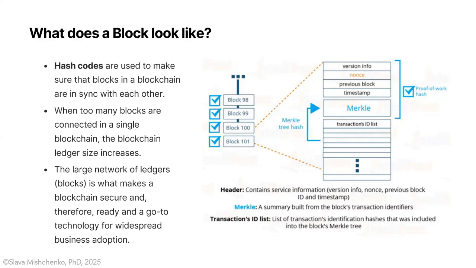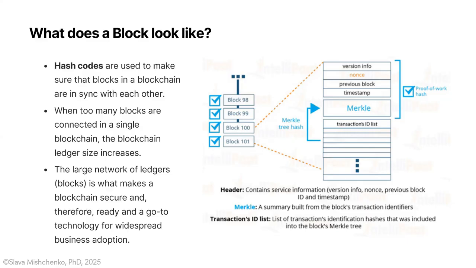And below that, we have the Merkle section, which is essentially a clever way of summarizing all the transactions in the block. It was named after Ralph Merkle, who patented this tree structure back in 1979. And it was brilliant because it allows us to verify transactions efficiently. At the bottom, we have the transaction ID list, which contains all the individual transaction hashes included in the block's Merkle tree.